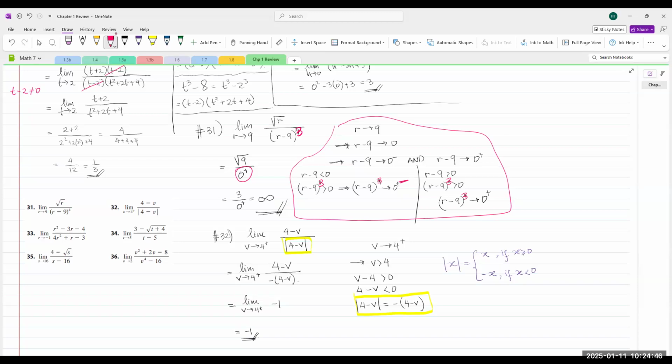In that situation, the left hand limit and right hand limit do not agree. One of them goes to 0 negative and the other one goes to 0 positive. This will be negative infinity. This is positive infinity. Because the left hand limit and right hand limit are not equal, the limit does not exist. That's if I change this exponent, instead of 4, to 3.